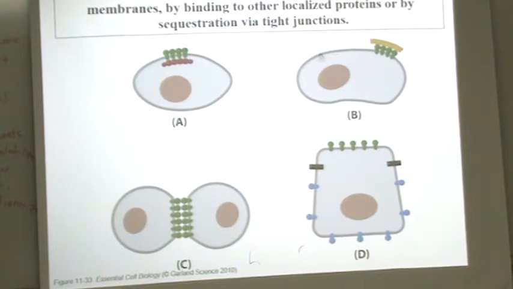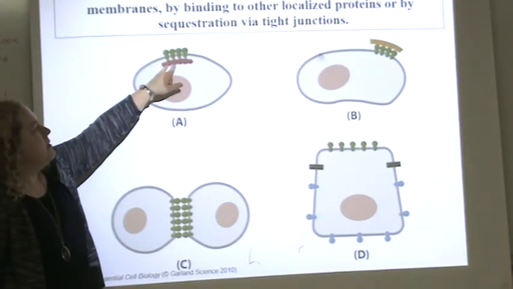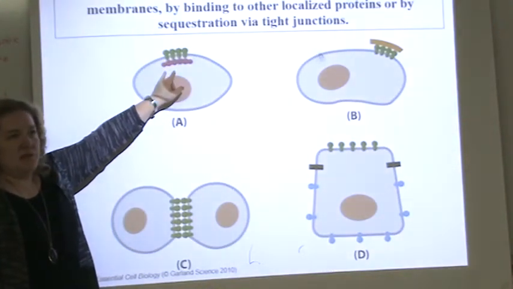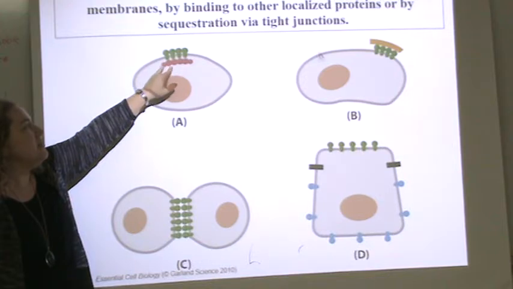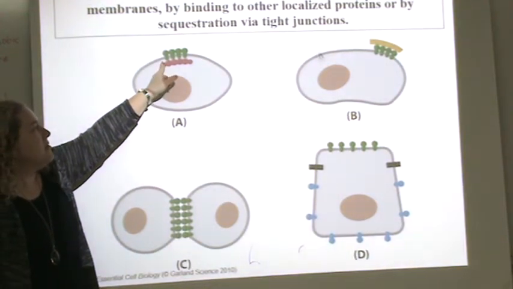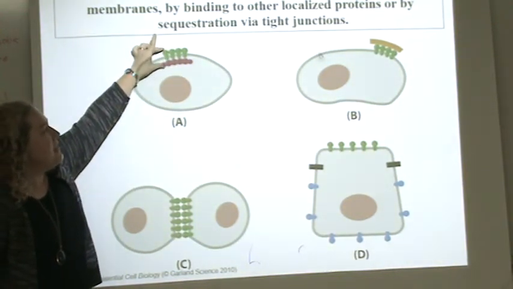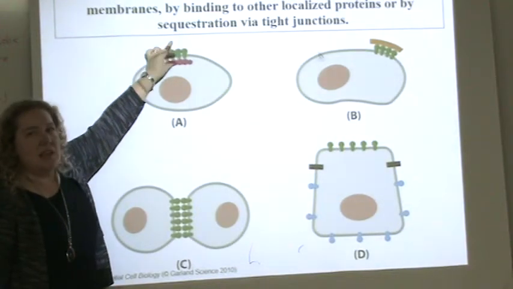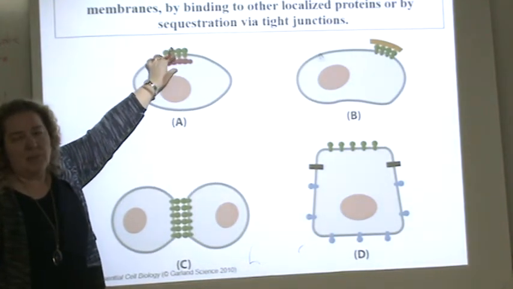Another thing that cells can do with transmembrane proteins is sequester, keep together certain proteins in a certain location. So if these red proteins, I need them to be in a certain location, I can make them stay there by having them associate with transmembrane proteins in that place.